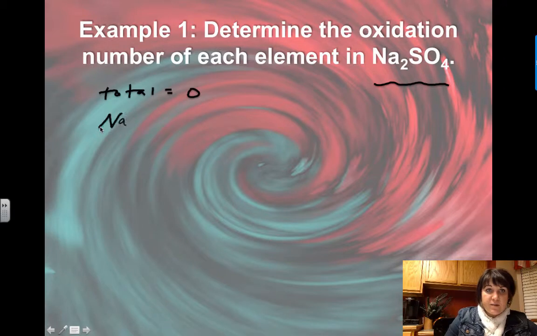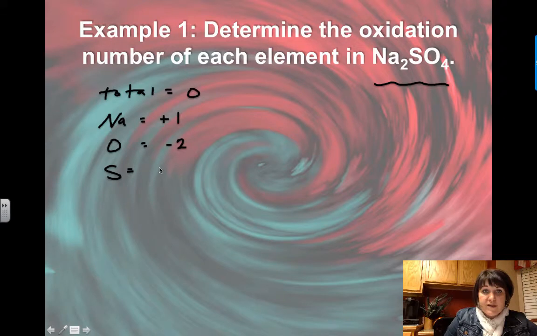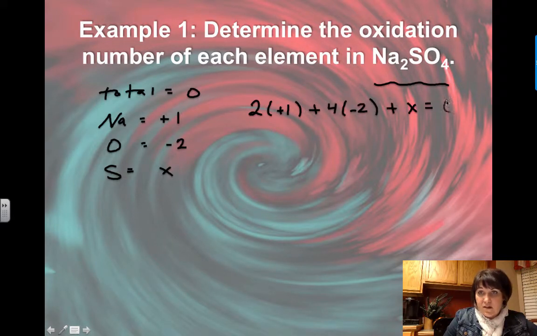Let's start with the sodium. What's the charge of sodium ions? It's a +1 charge. And since the oxygen is not in peroxide, we know the charge of our oxygen is a -2. The sulfur is the thing that I'm not sure what its charge is, so I'll put an X there for now. But I know that when I add 2 sodiums with 4 oxygens and 1 sulfur, I have to add up to 0.